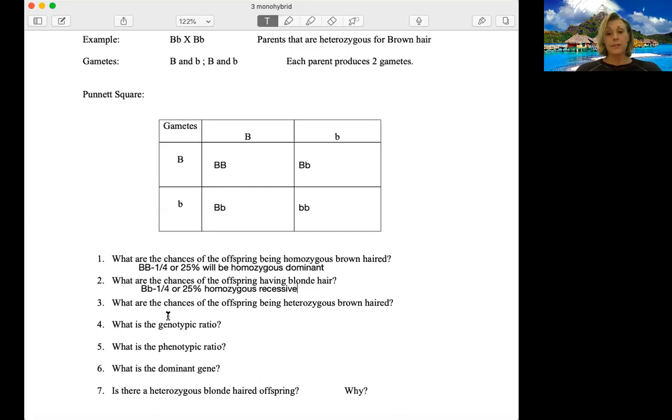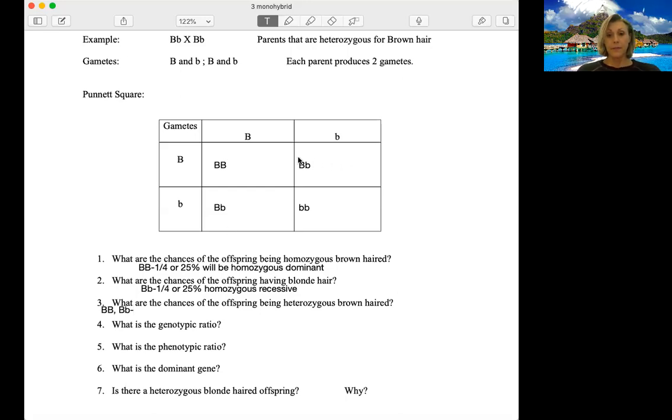What are the chances of the offspring being brown-haired? All right, so the brown hair could either be big B, big B, or big B, little b.